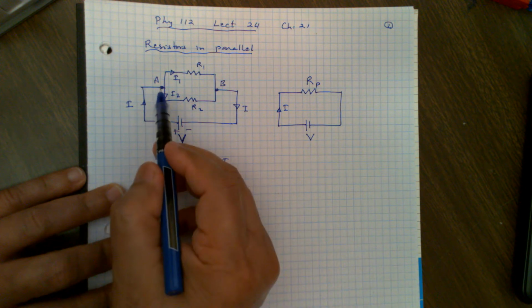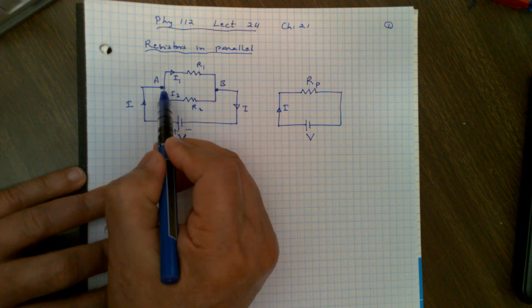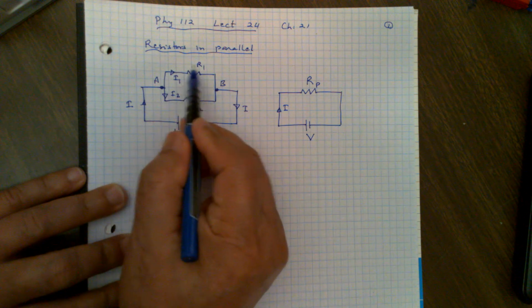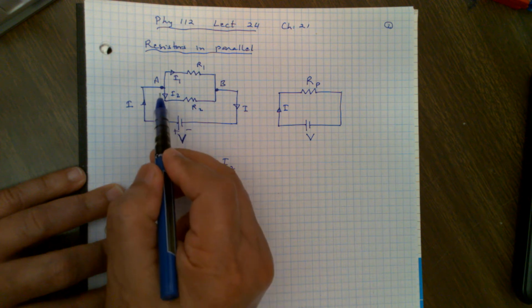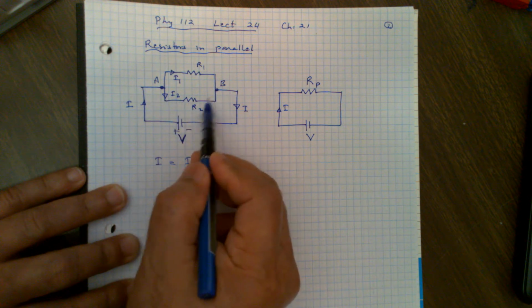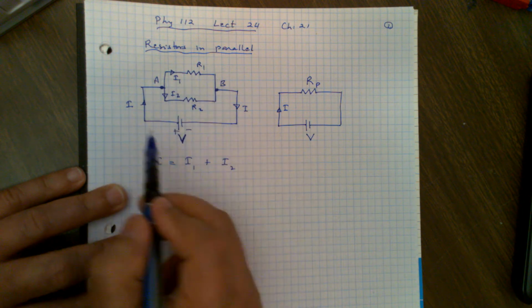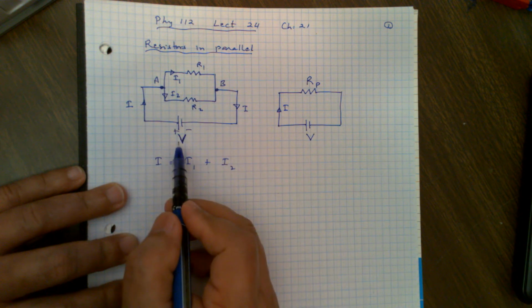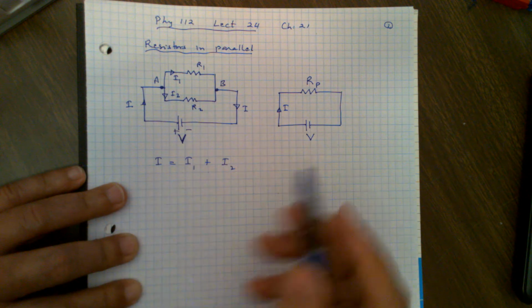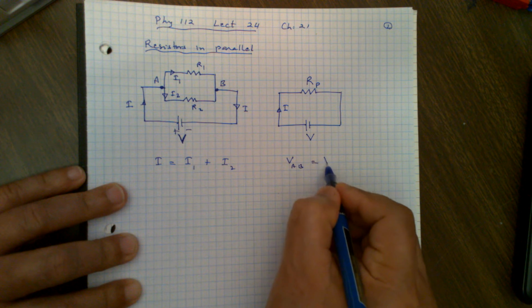Now, between these two points A and B, the voltage drop for the upper branch through R1 or the voltage drop through the resistor R2, the lower branch, will be the same. It will be VAB, the voltage drop from A to B, which is the same as this V.